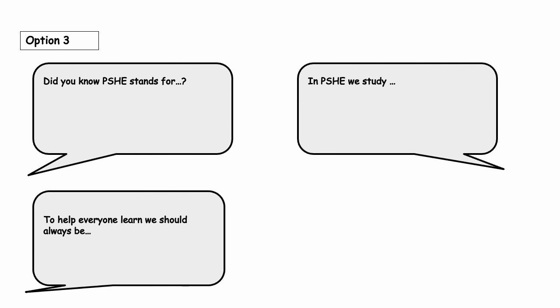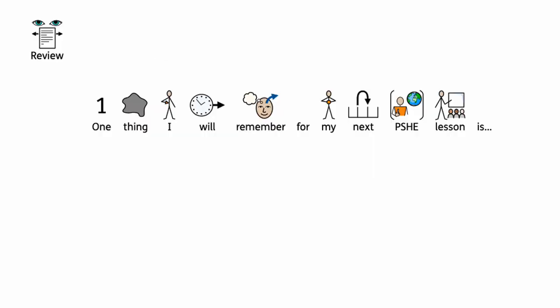So if you've chosen the 3rd task, you can write your ideas into the speech bubbles. You can do either 2, 3, 4, see how many you're able to do when writing about a conversation that 2 friends might have about PSHE.